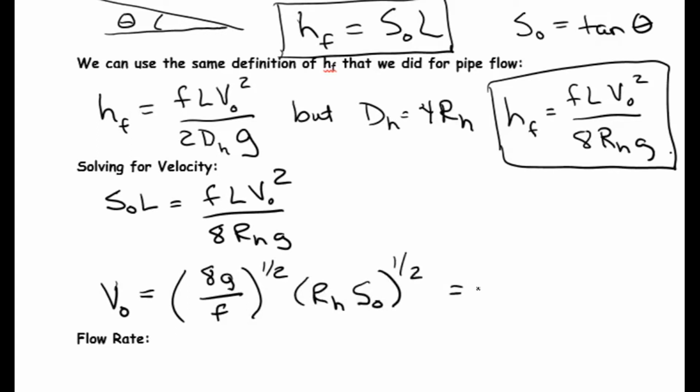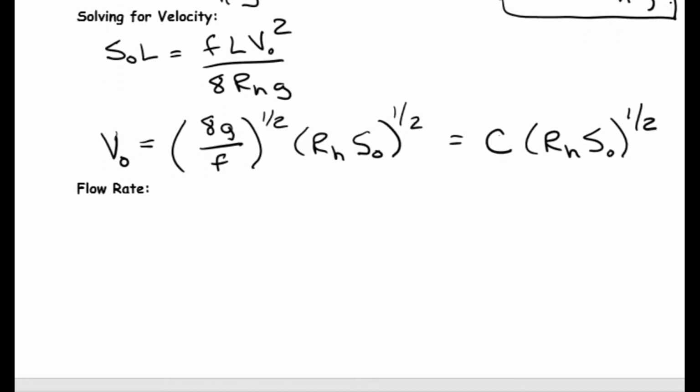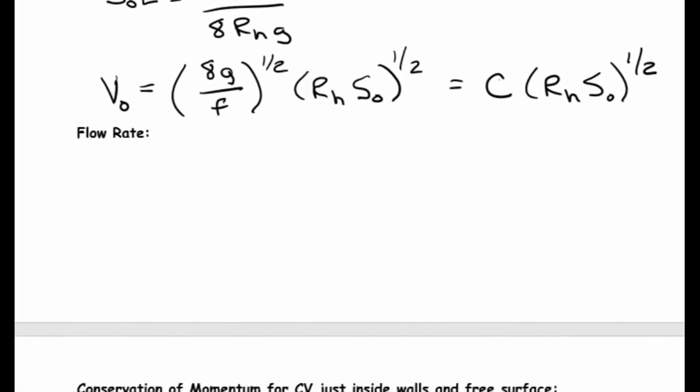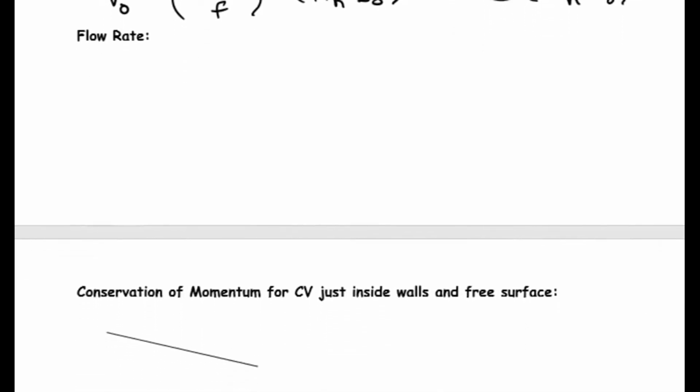And we want to write it like that because what we're going to do is combine this (8g over f) to the 1/2 into the Chezy constant C, and then times (RH S0) to the 1/2. Alright, so that gives us velocity. So we just used the energy equation and our definition of hf that we had before. Okay, at this point, we could use Moody and find an f, and that would work out.